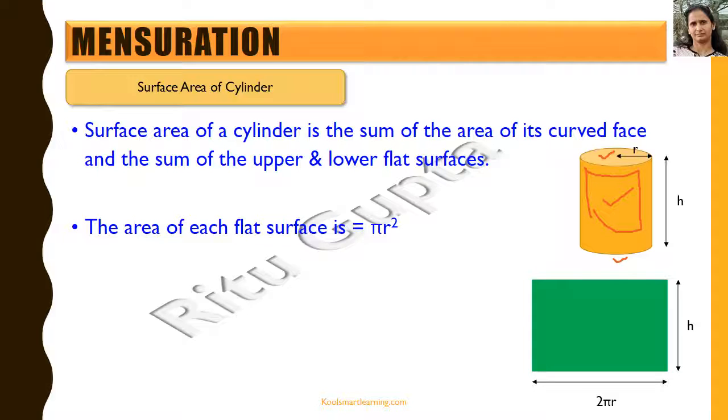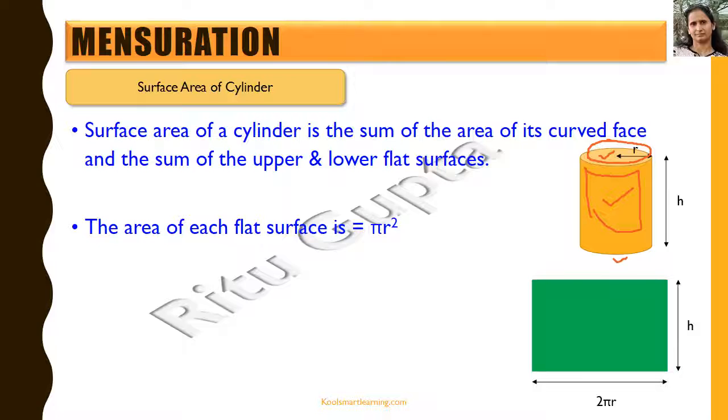And as we said, the curved face when opened becomes a rectangle of height h and length 2 pi r, which is nothing but the circumference of the circle. So the circumference of the circle, 2 pi r, becomes the length of this rectangle.